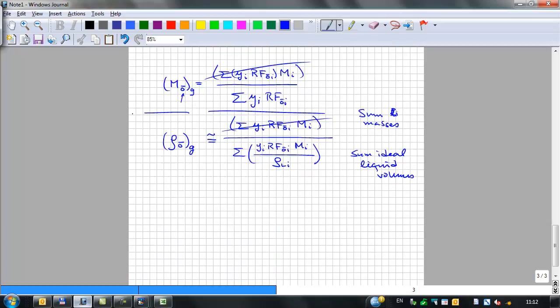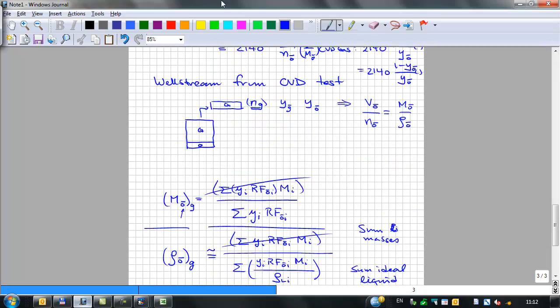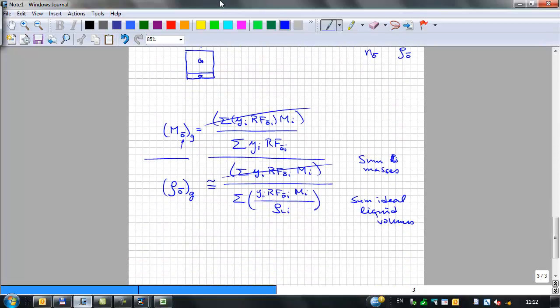Whatever you want to call it, this term is usually called the molar volume of surface oil coming from the gas.